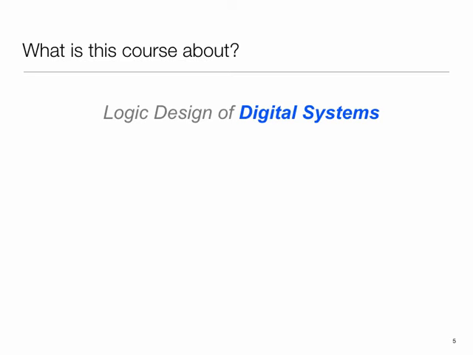In this particular case, we are interested in information systems which take information in and produce information out, specifically information represented in a digital form. Computers are obviously the first thing which comes to mind when we talk about digital systems, but you're not limited to that.